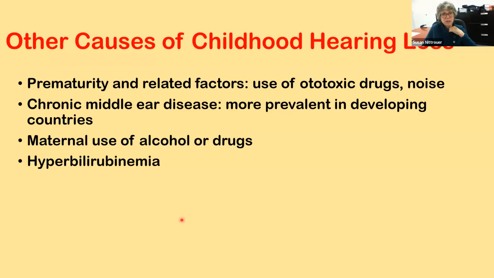Chronic middle ear disease. This is more common in developing countries where otitis media is not treated as aggressively as we treat it. Maternal use of alcohol or drugs, and now I will tell you, I always trip over this word, hyperbilirubinemia. Okay, so this is when the infant has an Rh incompatibility with the mother.